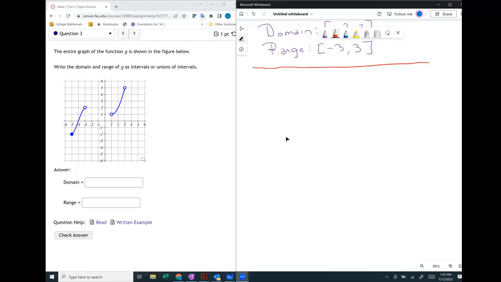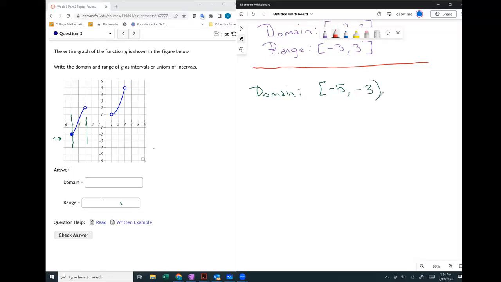When I read this from left to right, this is my first point. So I look at my domain and I start here. I start at -5 and I go all the way to -3, but I don't include -3.